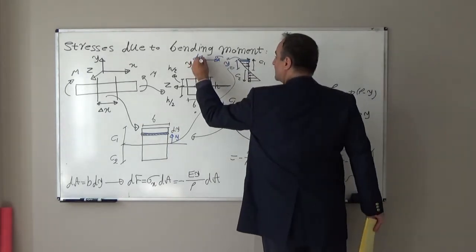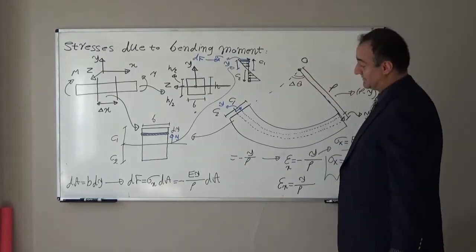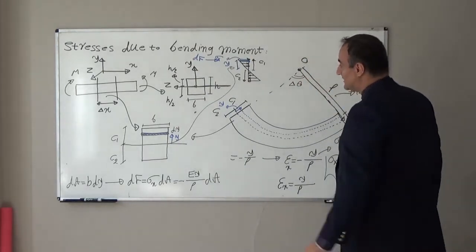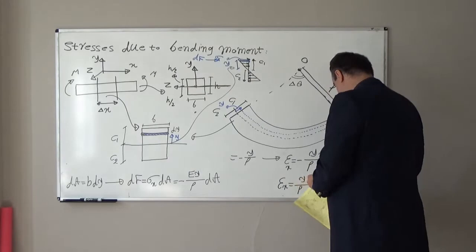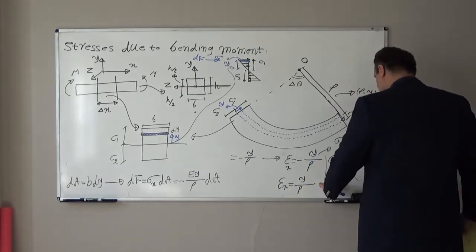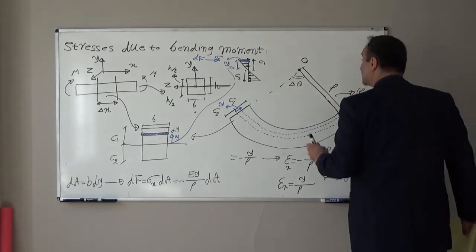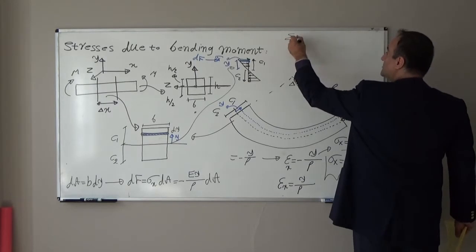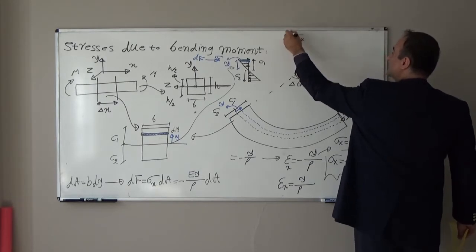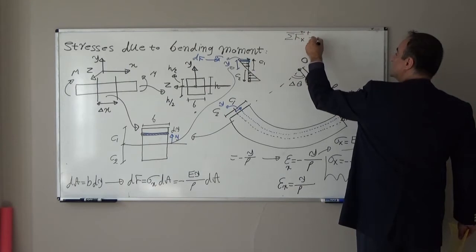If I integrate that force over the entire cross-section area, it means the summation of forces in the x direction. The summation of forces in the x direction is equal to 0.